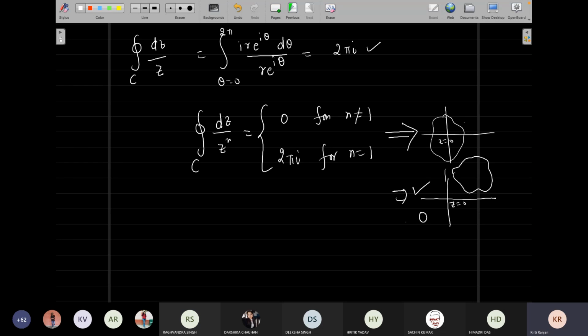So this result will be 0 if C does not include 0. If C includes 0 but is traversed in the clockwise direction, it is the negative of this, and the result will be minus 2 pi i.